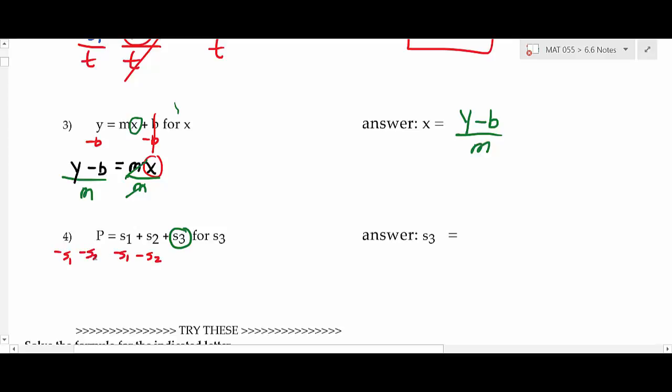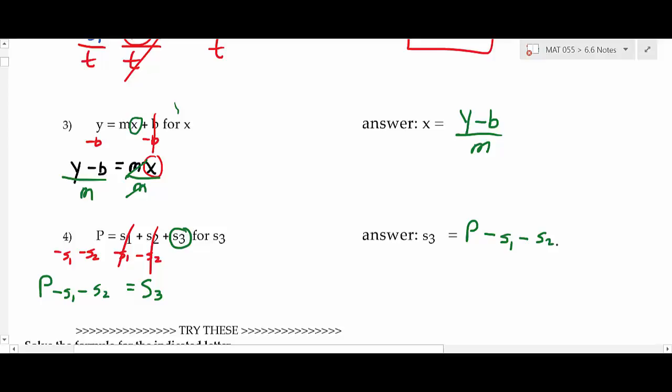If you subtract from both sides, those things go away, right? What you're going to have left here is S3 by itself now, and the order is important, you have a P to start with minus S1 minus S2. So S3 is equal to P minus S1 minus S2.